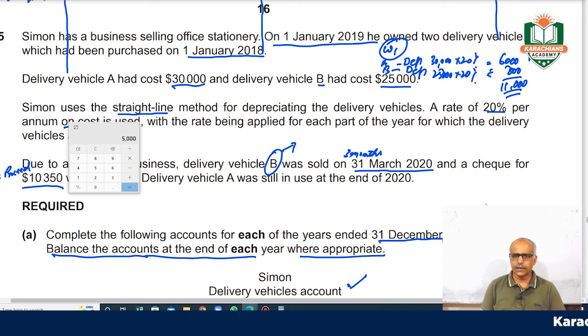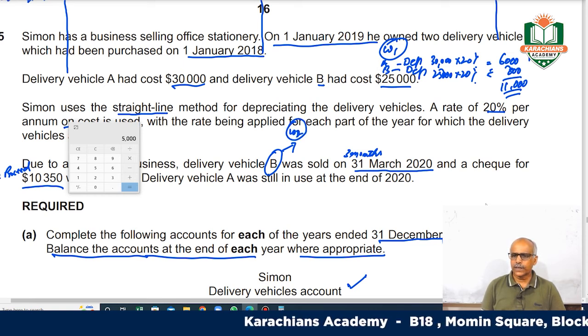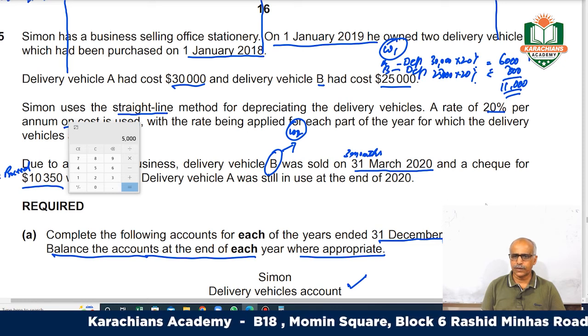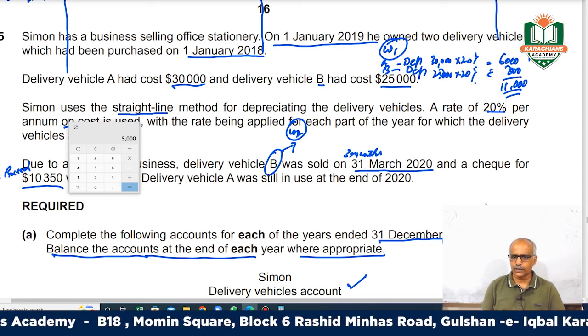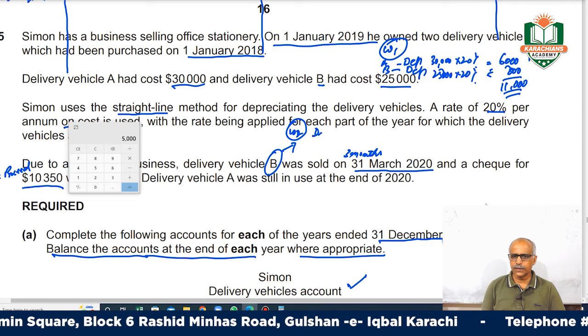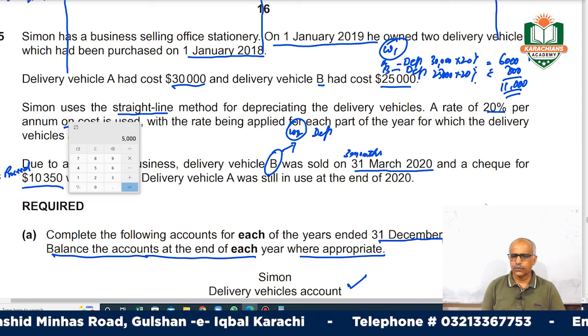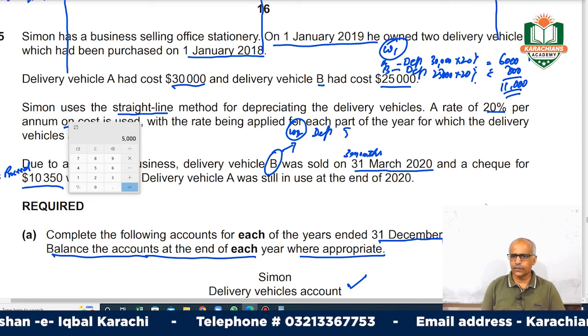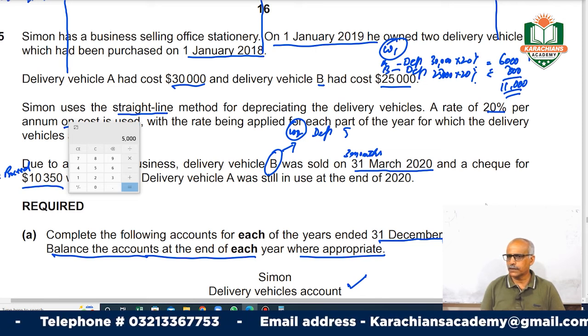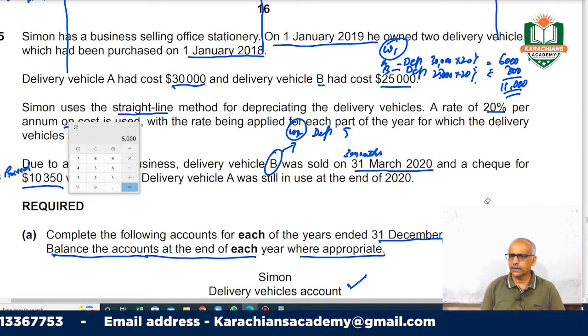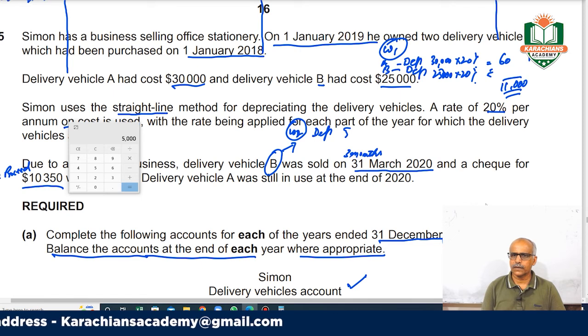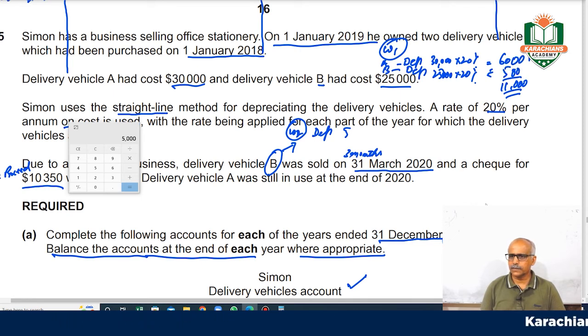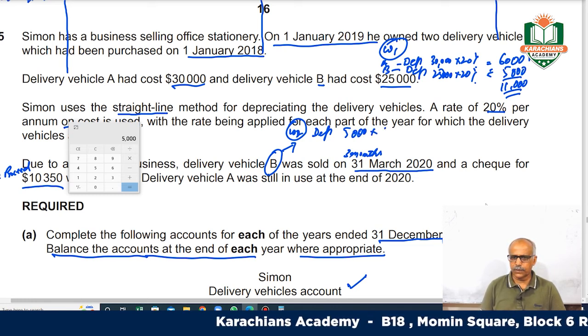So vehicle B, you can say this is working number 2. Vehicle B remained in the business for 3 months because it was sold on 31st of March. So vehicle B depreciation for 3 months would be, 5,000 is annual depreciation.